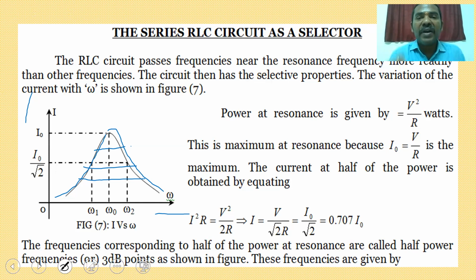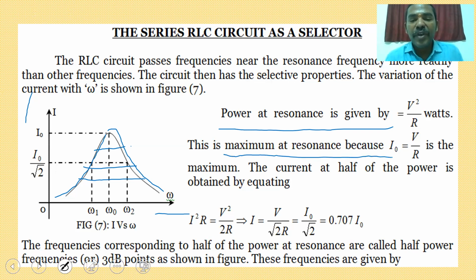So that power is maximum. The resonating power can be represented as V square by R, and the maximum resonating current is I naught equal to V by R under maximum power condition.